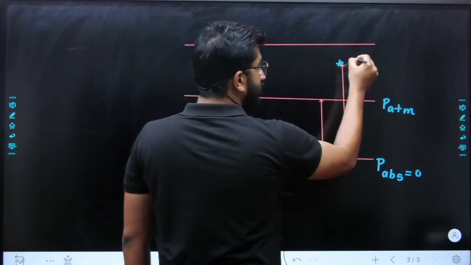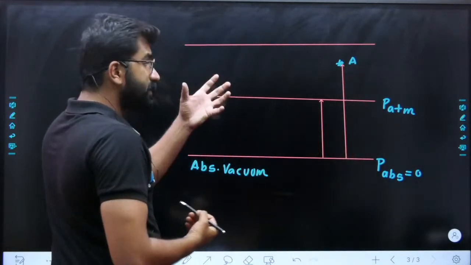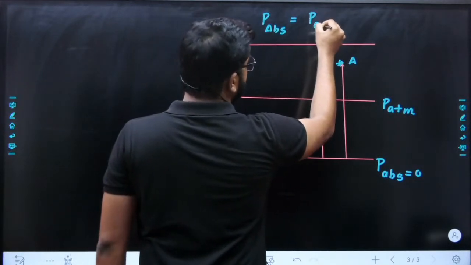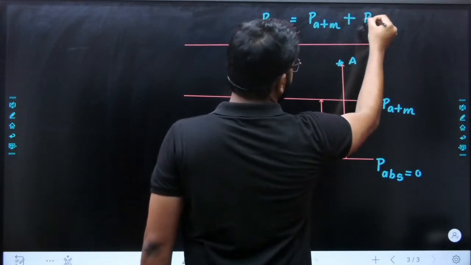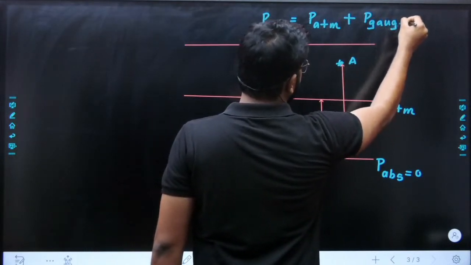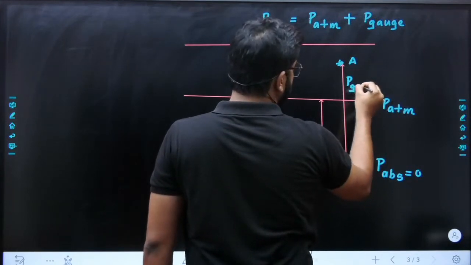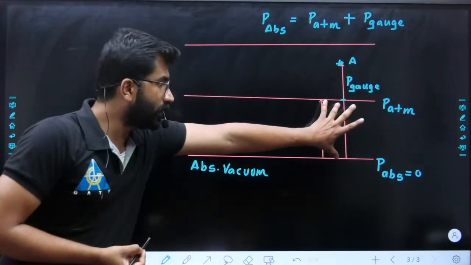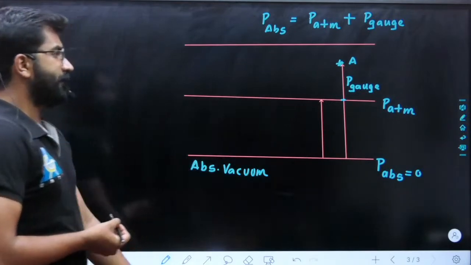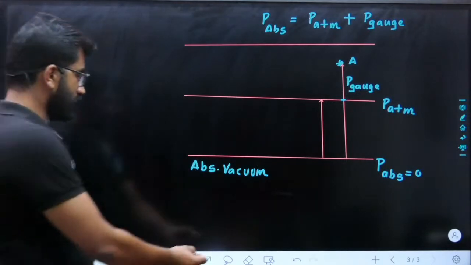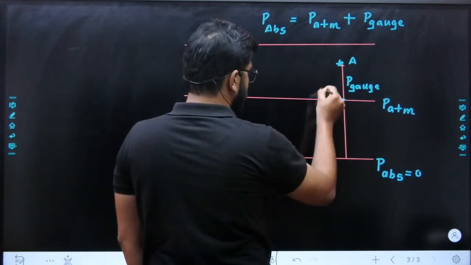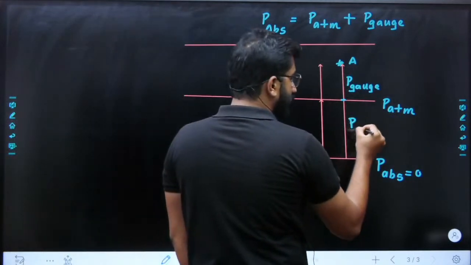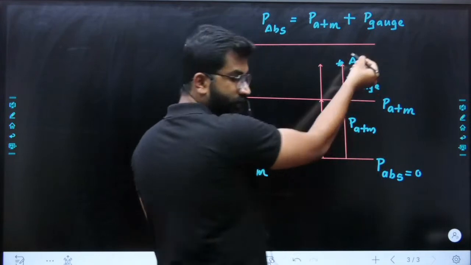So at point A, absolute pressure is equal to atmospheric pressure plus gauge pressure. Gauge pressure in the sense, whichever gauge you are measuring the pressure with. So this distance is your gauge pressure and this is your atmospheric pressure. You need to add them, and you get the total absolute pressure. So this will be your PATM plus P gauge.